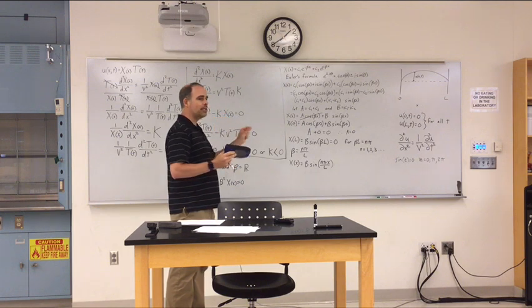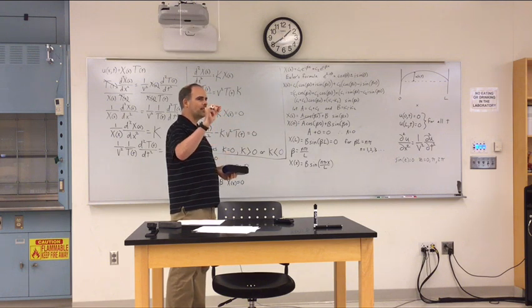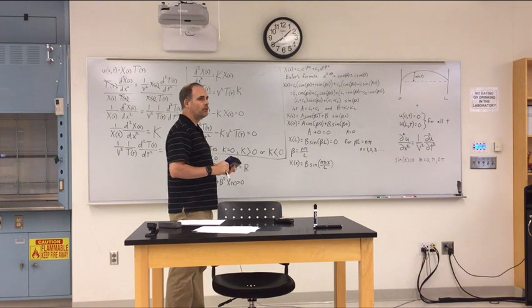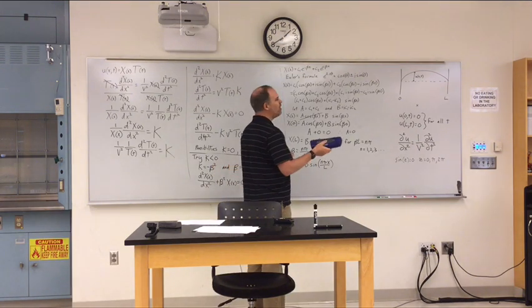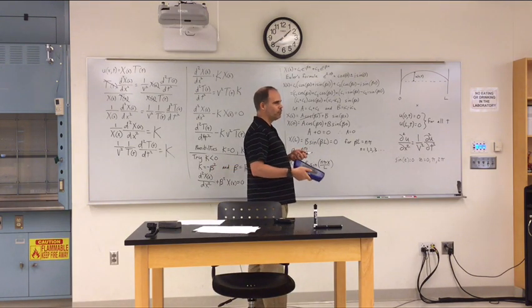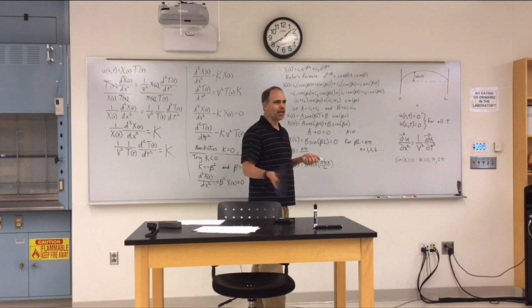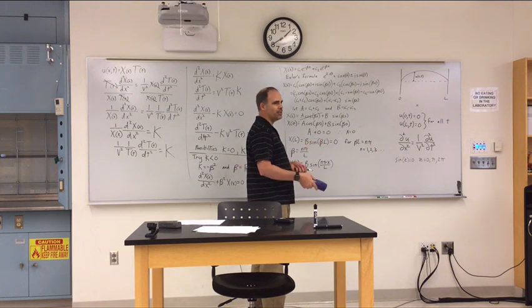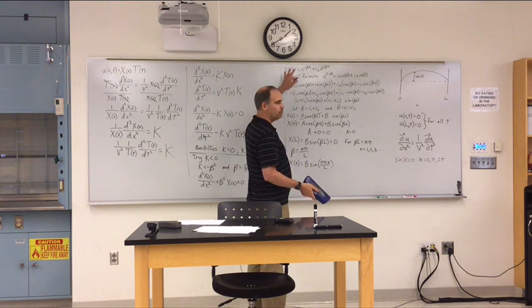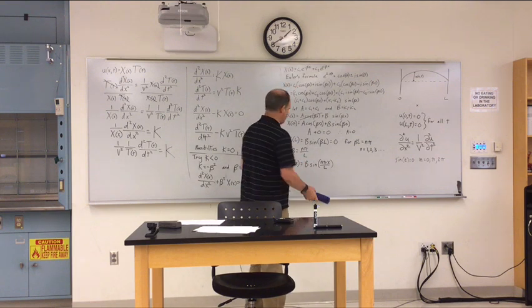So when x is equal to 0, it's 0, and when x is equal to L, it's 0. But everywhere else, it's not. Well, other places it could be, which we'll see in a couple seconds. But those are the 2 locations where it has to be 0. Okay. You guys got all this? Yeah? Okay.